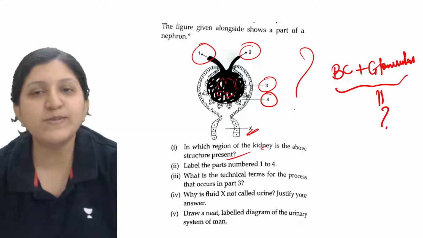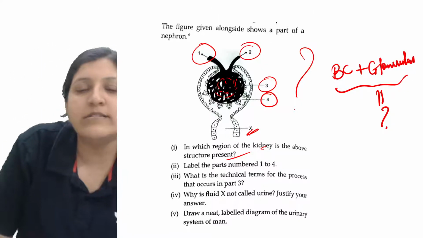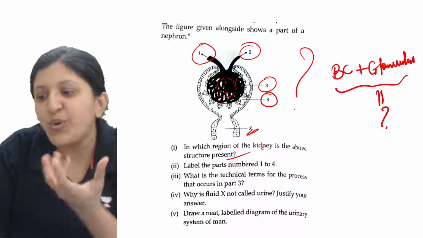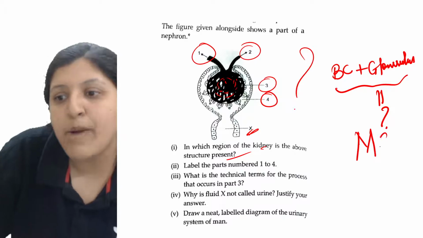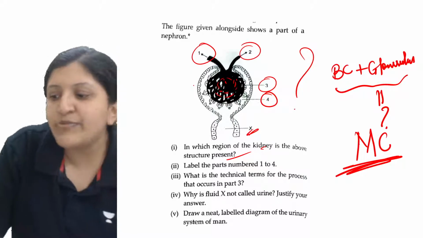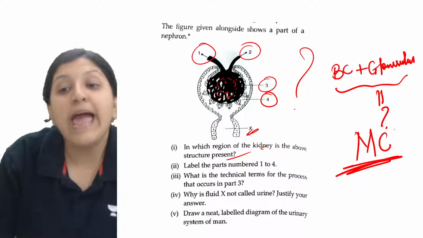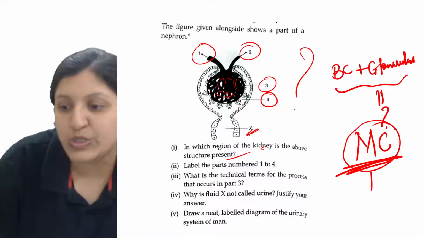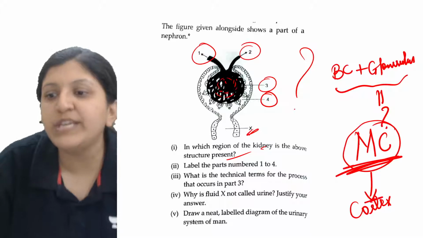This is just like a socket which is holding on to this tuft of capillary. So this is the Malpighian capsule. Given the figure they are representing, this is the Malpighian capsule, and where do you find the Malpighian capsule in the kidney? You can find this in the cortex region of the kidney.